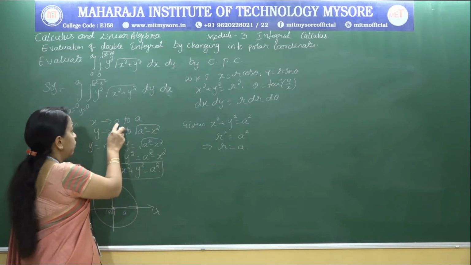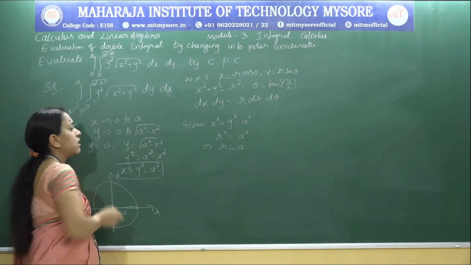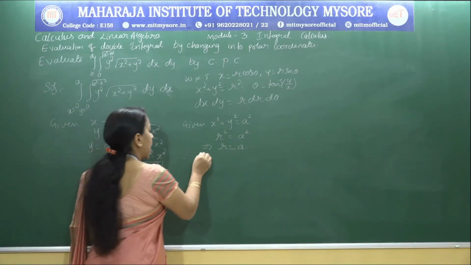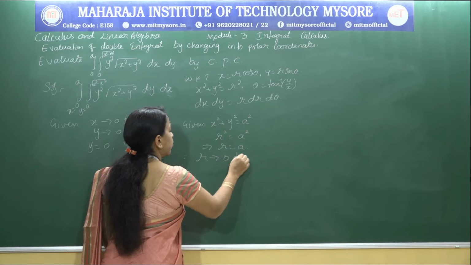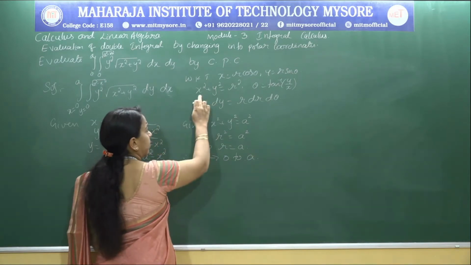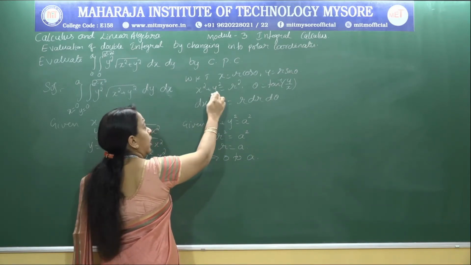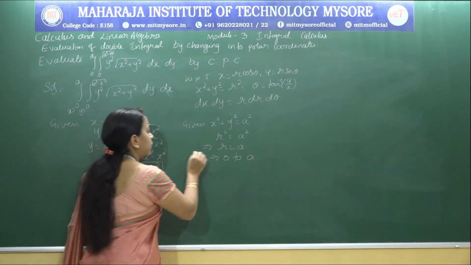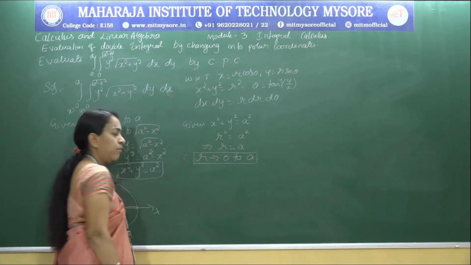Another condition: both x and y vary starting from 0, therefore r varies from 0 to a. If I replace x equal to 0 and y equal to 0, we get r equal to 0. So r varies from 0 to a.